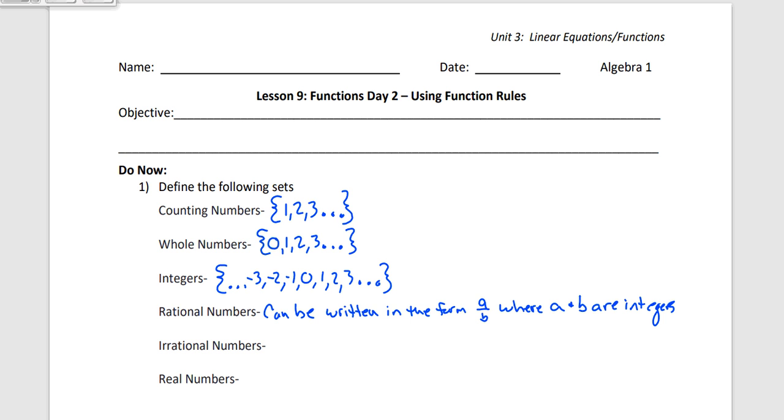So a lot of people say, oh, you mean our fractions? Yeah, I do mean our fractions. I just don't want a decimal in our fractions. That's why we say where A and B are integers.